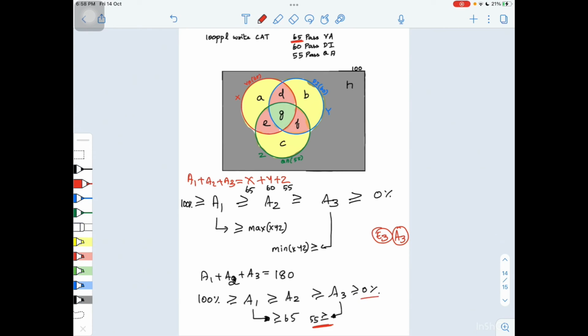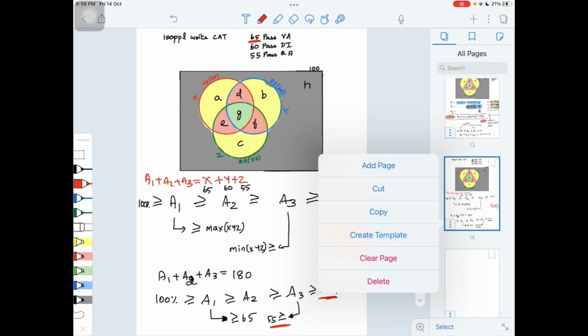What is the minimum value of at least three region? That is 0%. So what is the maximum value that G can take? G region can take 55. What is the minimum value that G region can take? 0. This part is clear. Now, not just this A3, even A2 we can go ahead and solve it.